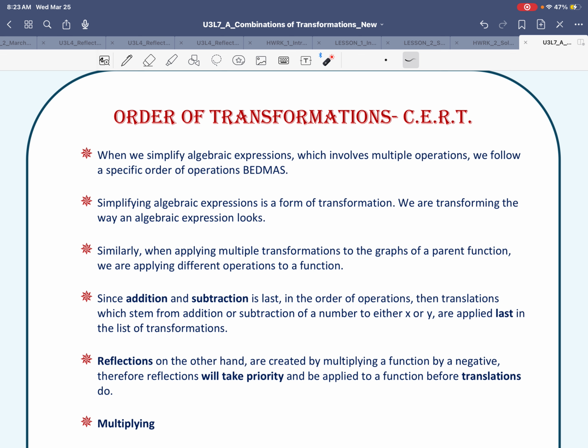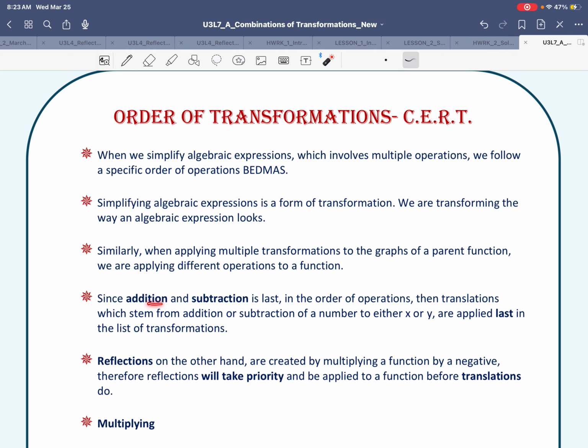Now, simplifying algebraic expressions is a form of transformation because we are transforming the way an algebraic expression looks. Similarly, when we apply multiple transformations to the graph of a function, we are applying different operations to a function.